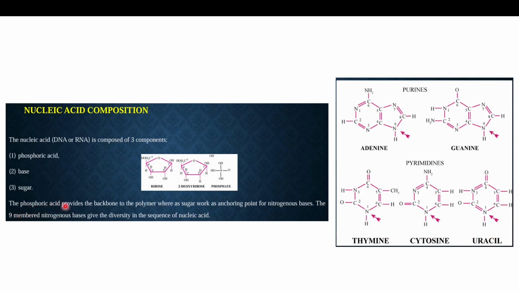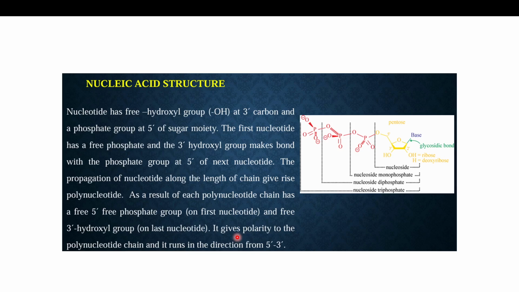The phosphoric acid provides the backbone to the polymer, whereas the pentose sugars work as the anchoring point for nitrogenous bases. The nitrogenous bases give diversity in the sequence of the nucleic acids. Eventually, this combination gives the genetic code and codons, which code for different amino acids to give rise to proteins.